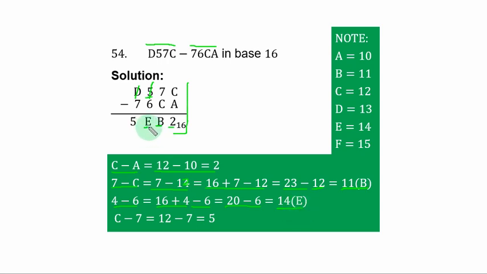You record it. In the place of D, you've borrowed 1 from it, so you are left with C minus 7, and C is 12. 12 minus 7 is equal to 5, and that is what you have here. So your result is 5EB2 in base 16.